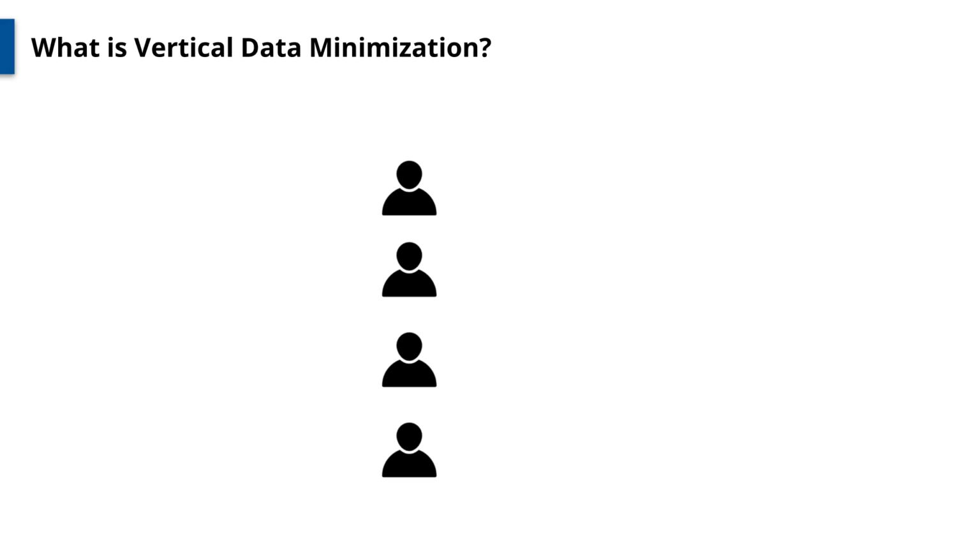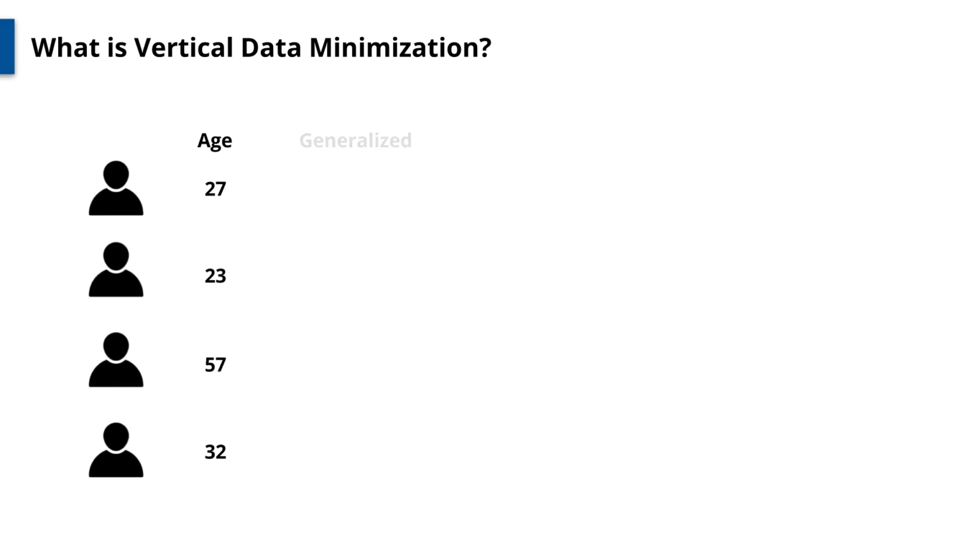Take the following example of 4 users whose age gets collected. If we would minimize data horizontally, we would simply collect less data points. For example, just these two. However, while this might work for model training, it does not work for model inference. Instead, we can minimize the age attribute column vertically.